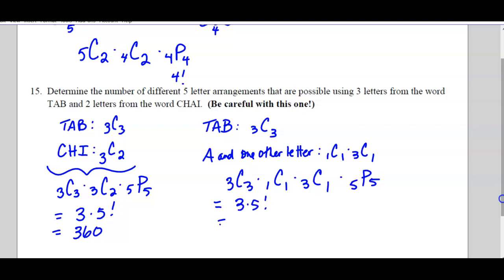So it ends up being the same. Oh, no, sorry. I forgot something. What did I forget to do with this one? Divide by the repeats. That's the whole point of doing a separate case. So then that's going to be 360 divided by 2, which is 180.